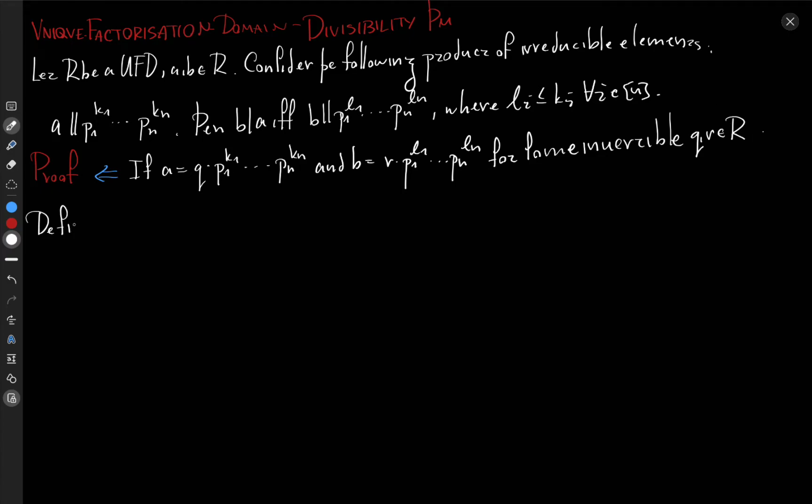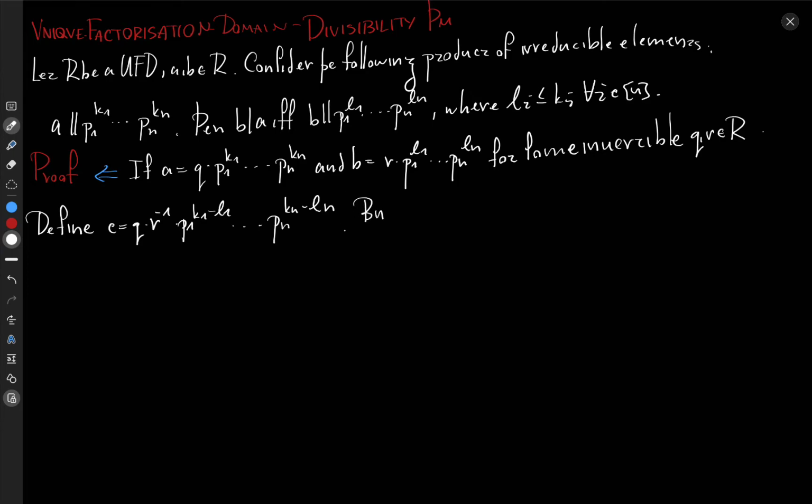Define C equal to Q times R inverse times P1 to K1 minus L1. Continue all the way to Pn to Kn minus Ln.